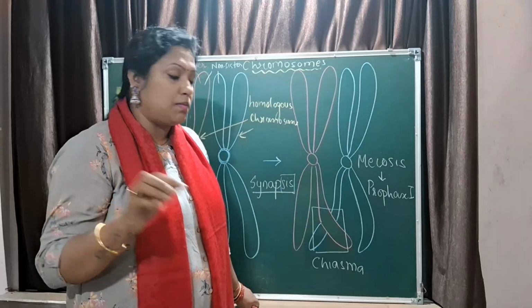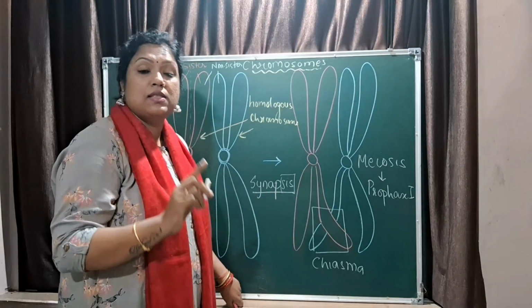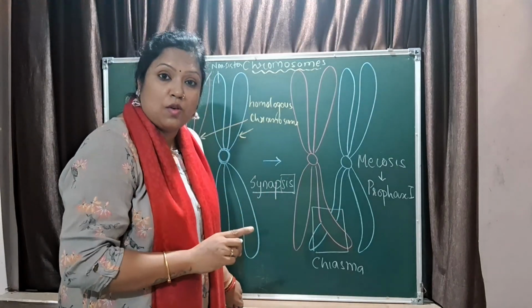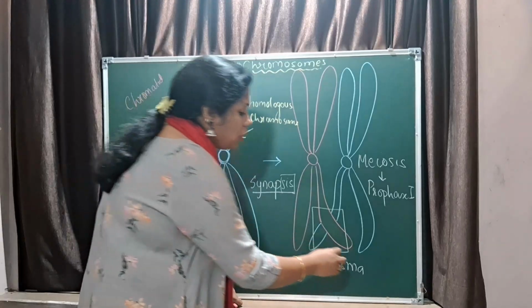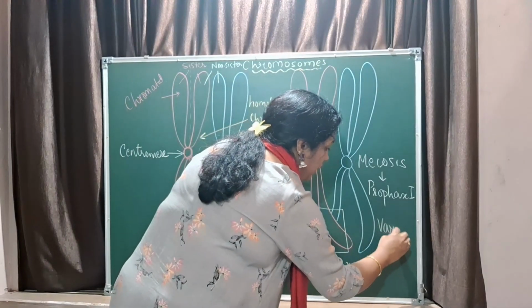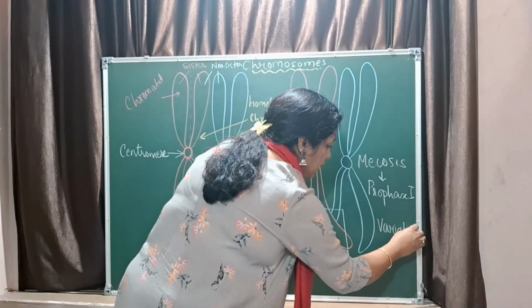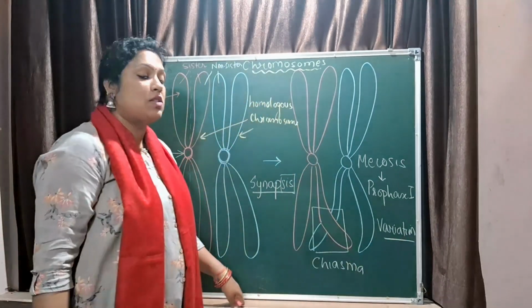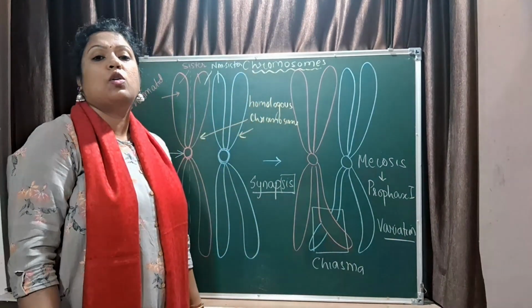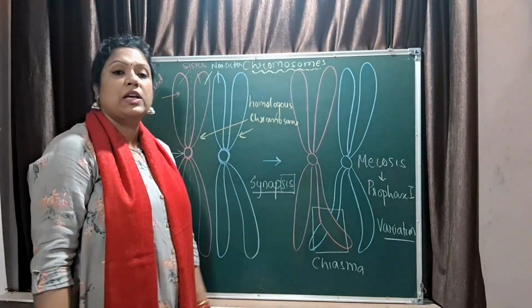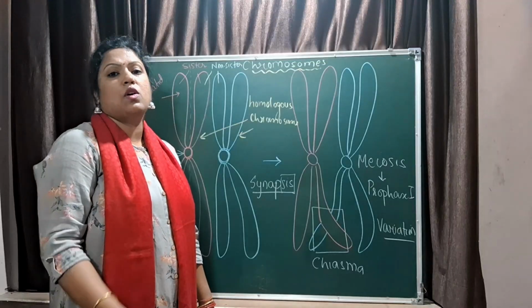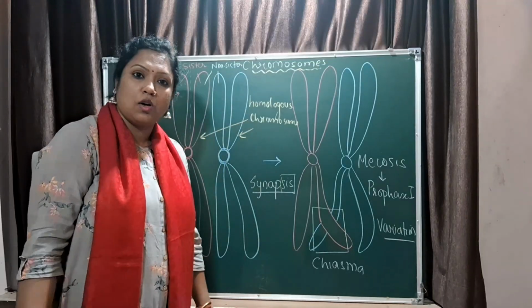Synapsis is in cell division where crossing over takes place. That crossing over leads to variation. That is why we all are different, because there is always a recombinant chromosome which is being formed because of the exchange of segments of the non-sister chromatids.